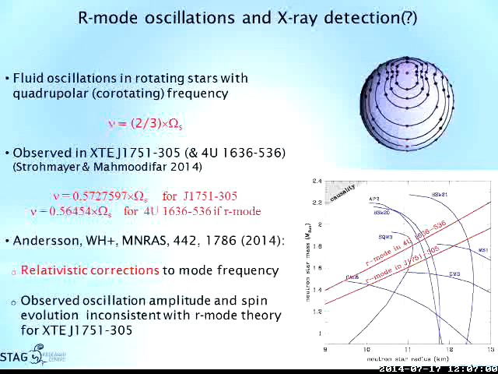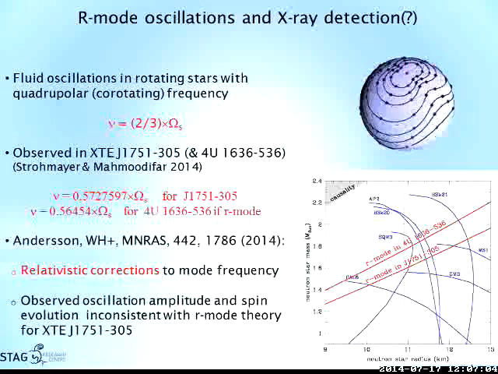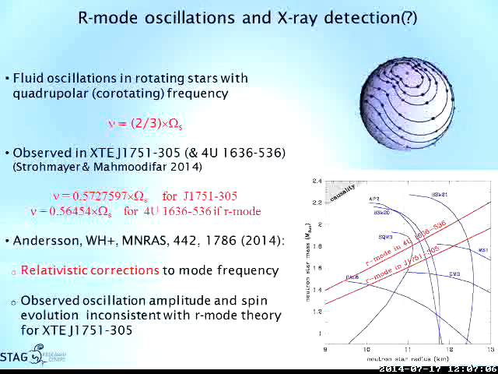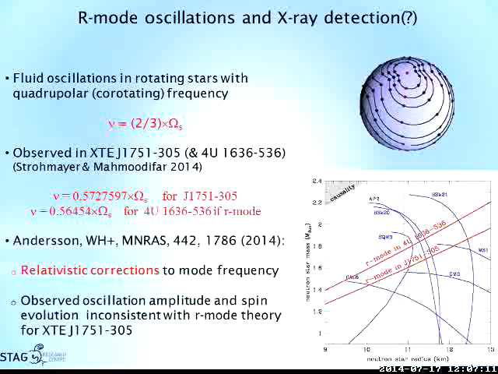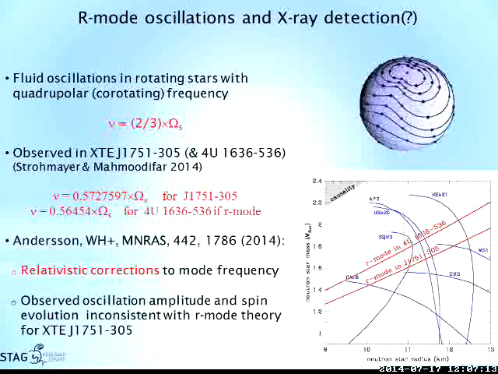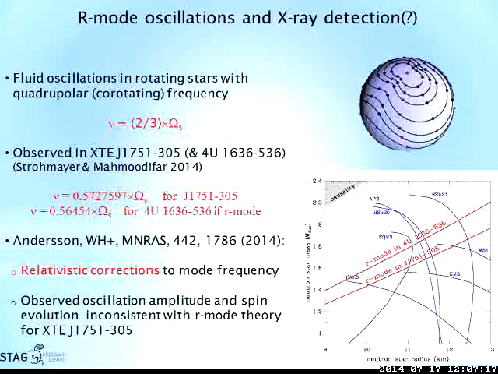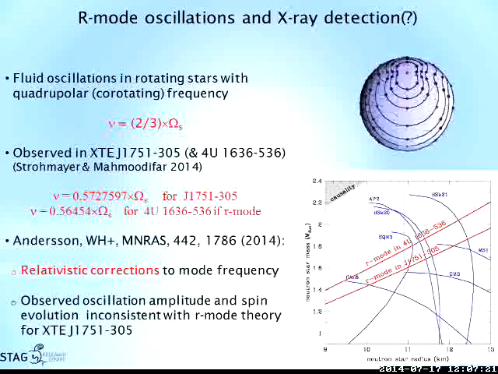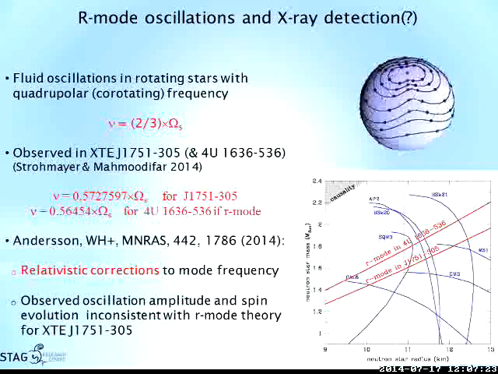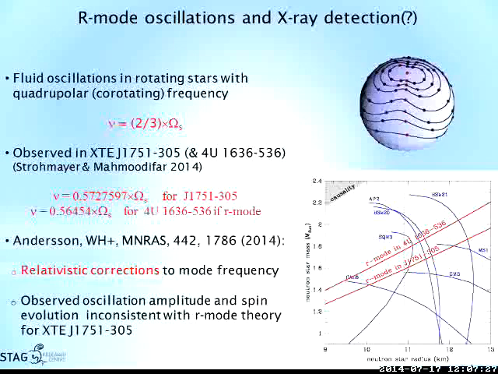These lines are determined incredibly accurately observationally. Because this line is only determined by three things: mass, radius, and spin frequency, and spin frequency is determined incredibly accurately.